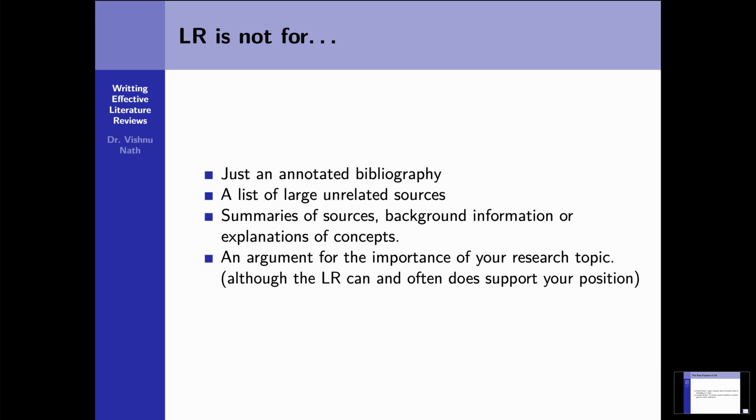And lastly, an argument for the importance of your research topic. This is also a very important point when writing research papers for journals. We usually highlight the importance of our research topic, why we are doing this research, and what is the broader appeal of this research topic for academia as well as for managers.